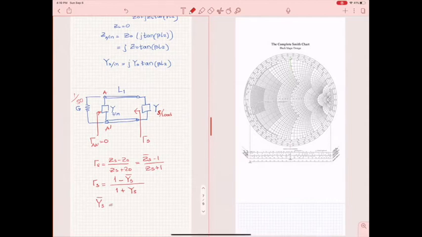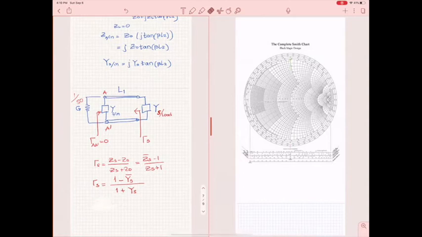And as a matter of fact, what this ys is going to be, let me see, 1 plus gamma s, I think, yes, 1 plus gamma s. Let me just do it without remembering the whole thing, to make sure that I don't make a mistake.